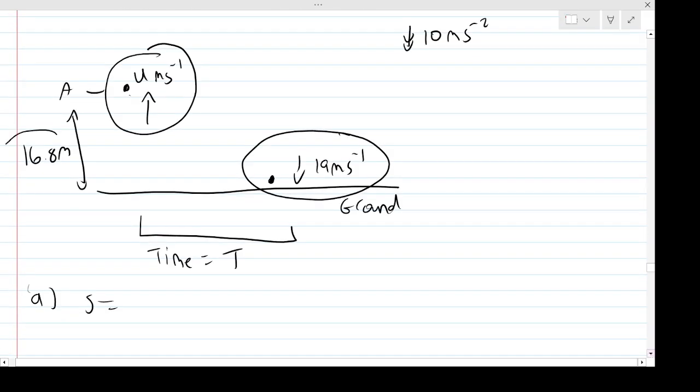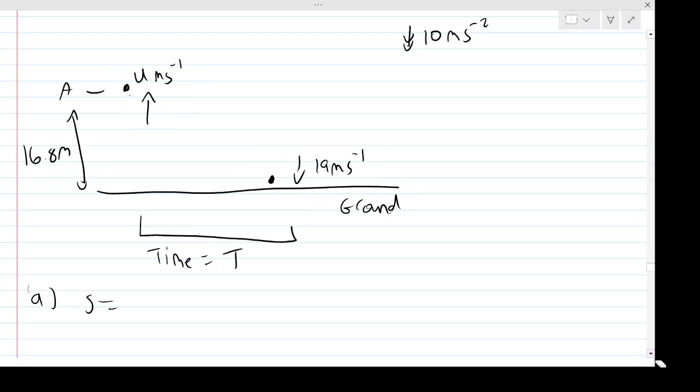Well, if it's 16.8 meters above the ground we start from, right? Overall, if we start here and end here, the overall displacement, we've gone down by 16.8 meters. So it's negative 16.8. That's the displacement. We've gone down by that distance overall.